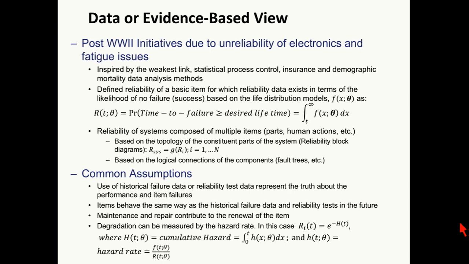Of course, this is a major assumption, and though it is often a good assumption, sometimes it actually causes an underestimation or overestimation of reliability, and that is a very important aspect that makes this data-driven or evidence view flawed in certain cases.